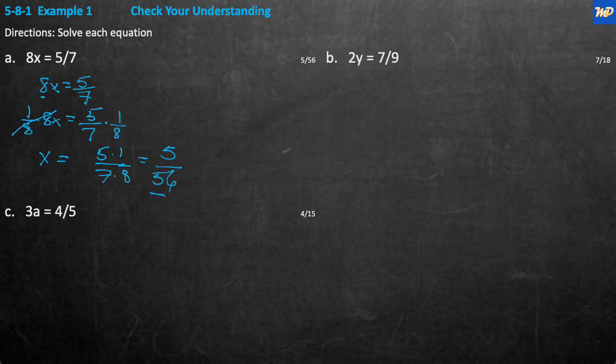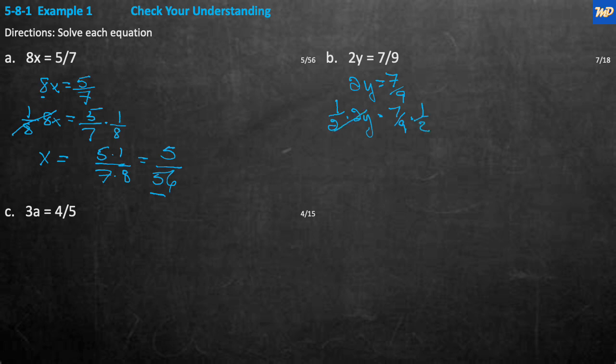How about B? 2y is equal to 7/9. Again, get the y by itself, which means the coefficient must be 1. In our case, it's a 2, so we're going to have to multiply by 1/2 on each side. 1/2 times 2y is equal to 7/9 times 1/2.